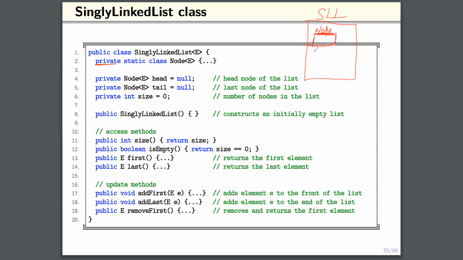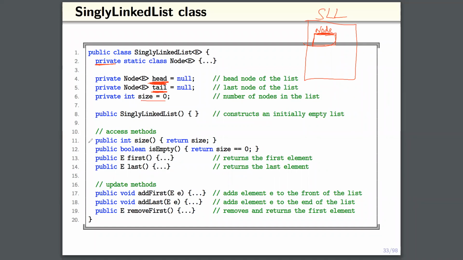Then you have the head node as well as the tail node. As you saw in the previous example of airport codes, SLL for that, you have the pointer to the first node, pointer to the last node, head pointer and tail pointer, head node, tail node. And then you have size, right?